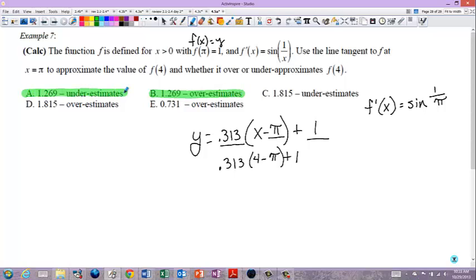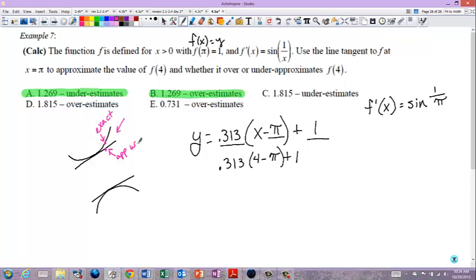It says underestimates, overestimates. How do we figure out if something is an underestimate or an overestimate? Well, you basically got 2 situations. This one, and this one. If you approximated a point on the graph here, this is your approximation, this is your exact.